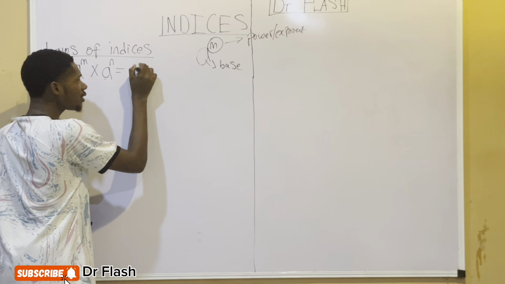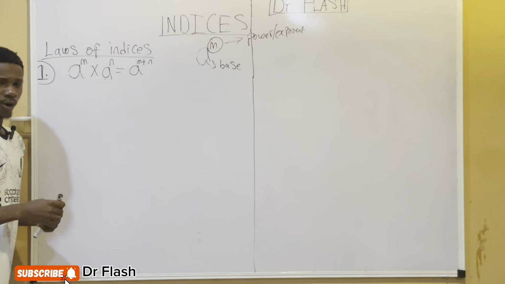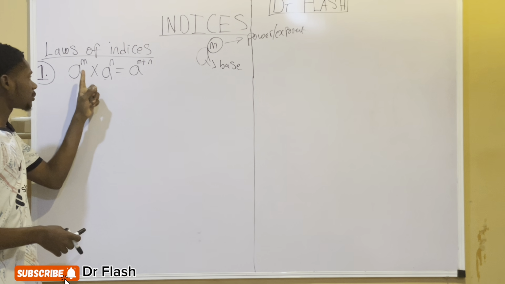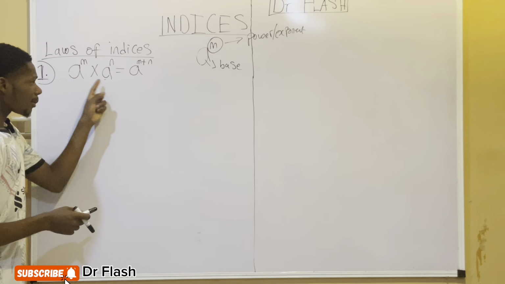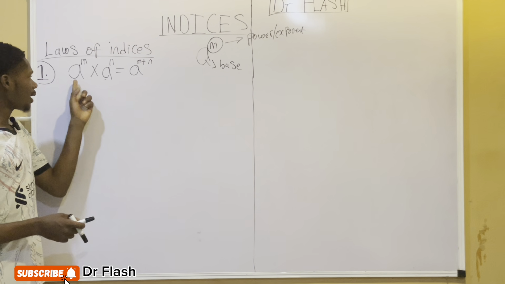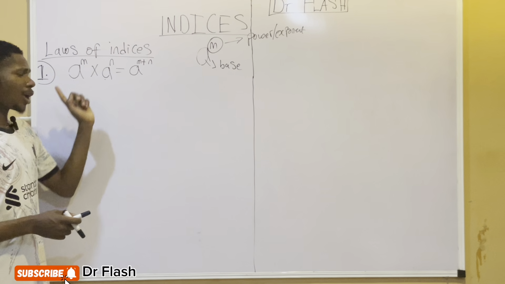Hence, we are going to have a raised to the power of m plus n. That is the first law of indices I should take note of. A to the power of m times a to the power of n. They are multiplying each other. Since they are multiplying each other, check the base. If the numbers are the same, a and a, we are going to pick one. And if it is multiplication, we are going to add the power.